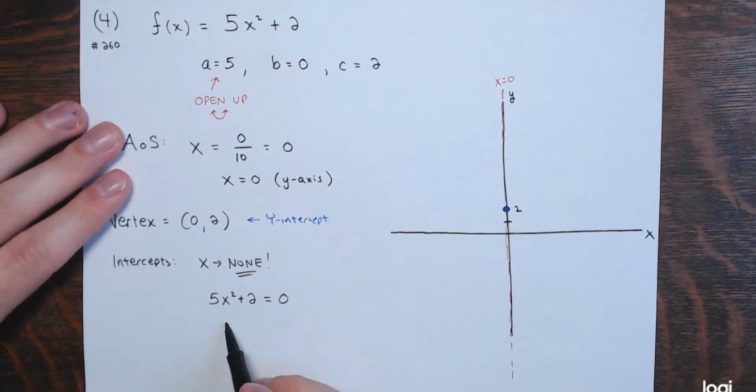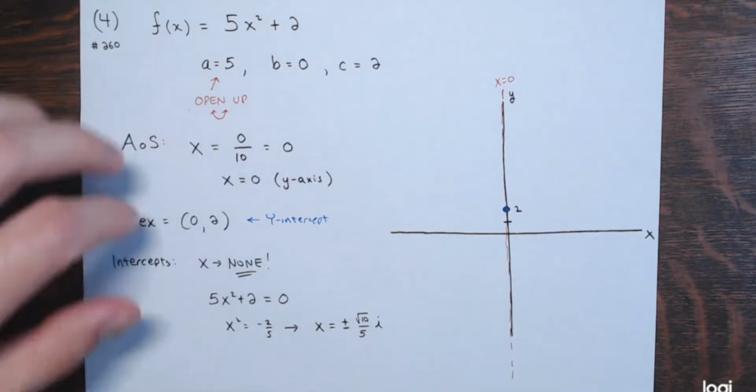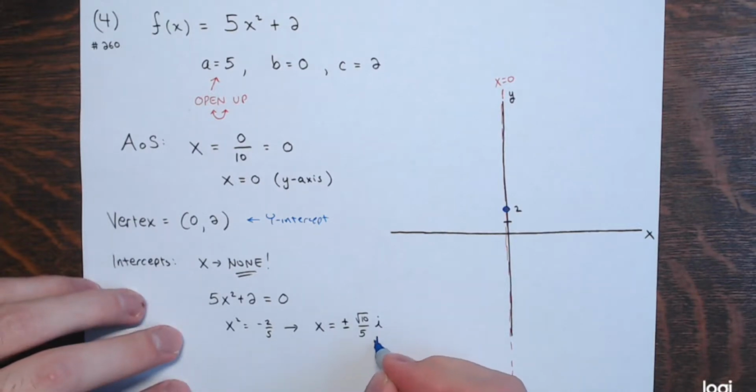And you'd end up with x squared equals negative 2/5. And the solutions to this would be plus or minus the square root of negative 2/5, which is the square root of 10 divided by 5 when you rationalize the denominator, times i. Remember, the square root of a negative number is not real, right? It's imaginary.